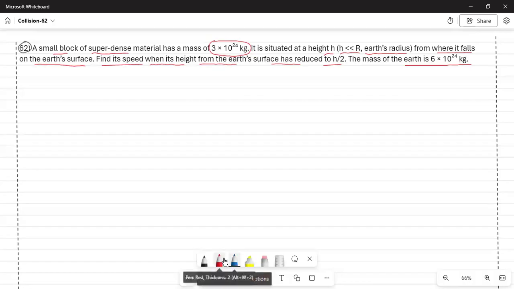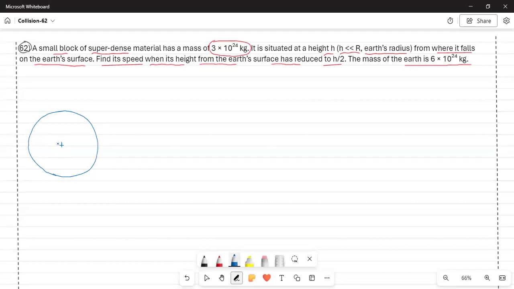Now, to solve the problem, let's draw the diagram. Let us say this is the Earth, and say its radius is R, and the mass of the Earth is 6 into 10 to the power 24 kg.